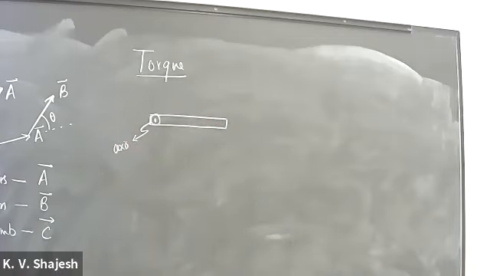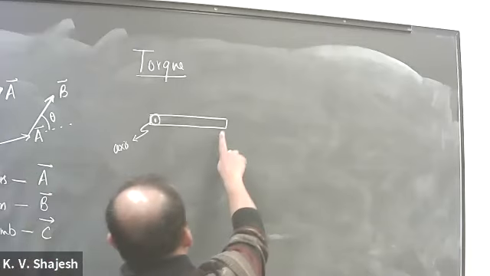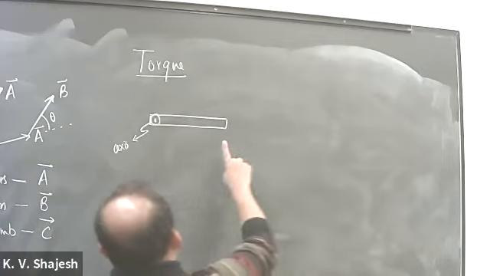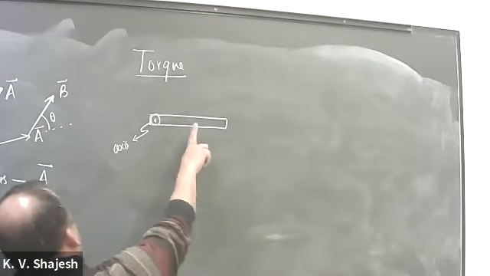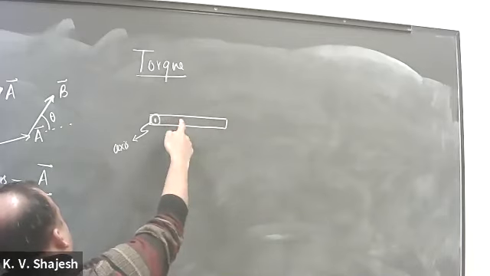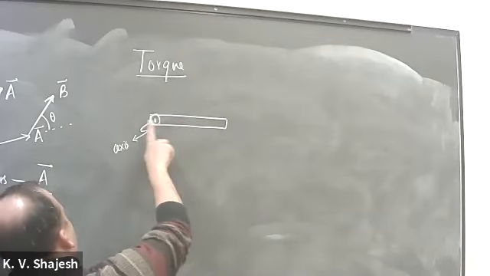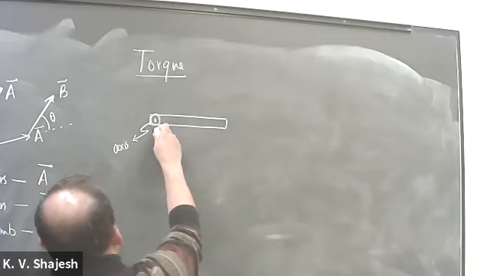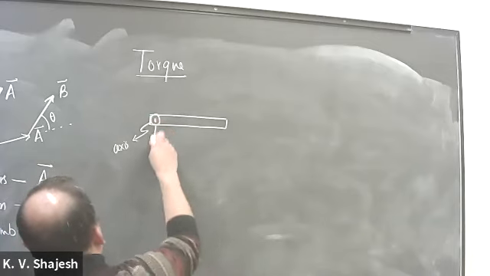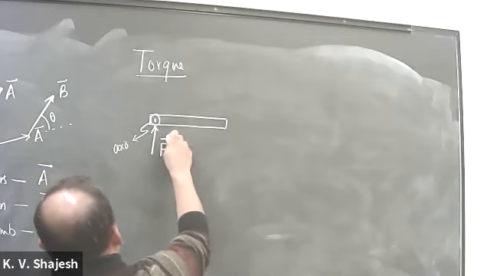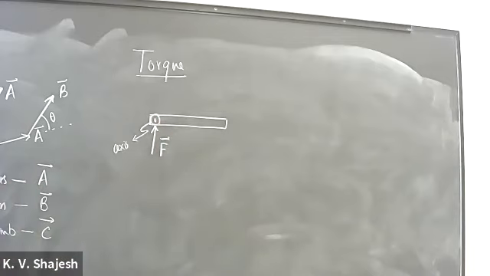If you want to open the door, we will typically push on the door at a farther point. From experience, we know that it takes more energy to push the door, think of this as a heavy door, if you were to push it at a closer point to the axis. In fact, it is clear that if you were to exert a force on the axis, the door is not going to open, right?